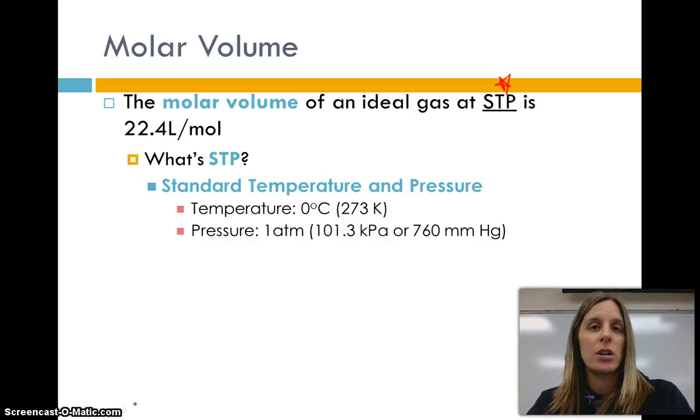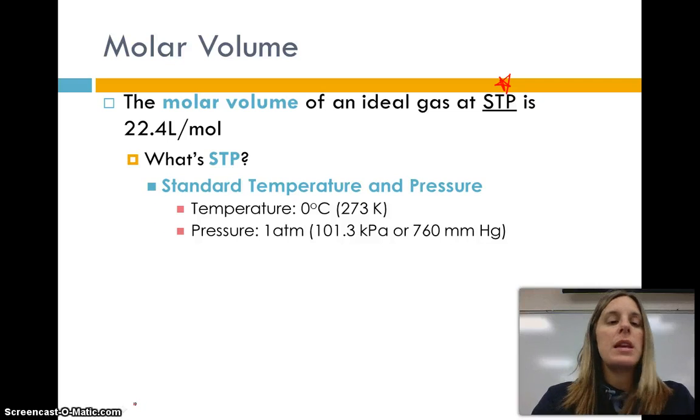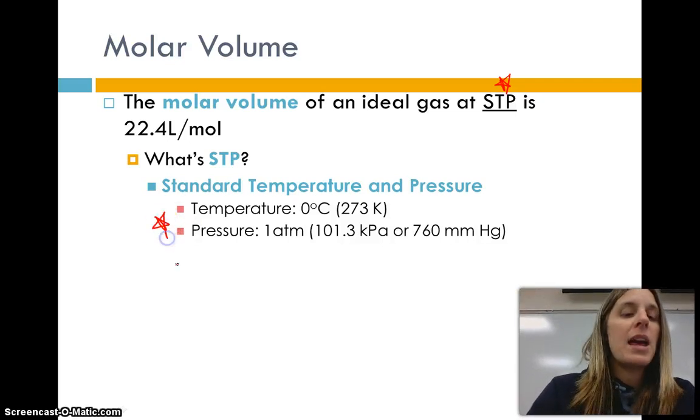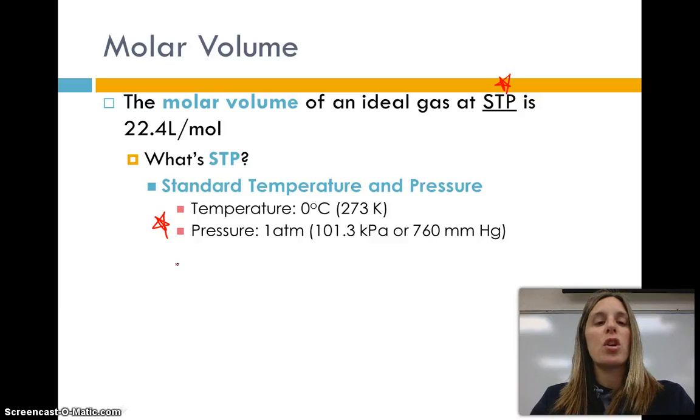These are the conditions you must have for STP. You must have 0 degrees Celsius and 1 atmosphere. If you're hotter than 0 degrees Celsius, or your pressure varies away from 1 atmosphere, you are no longer at STP.